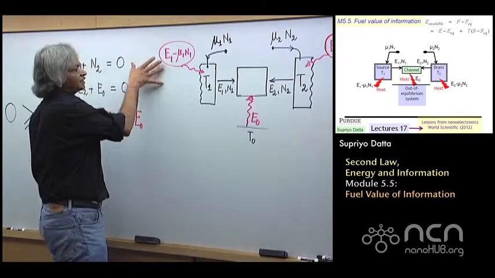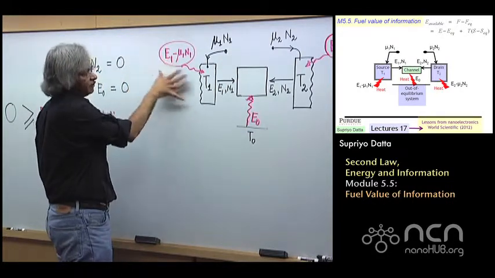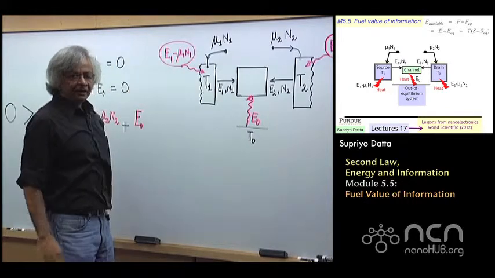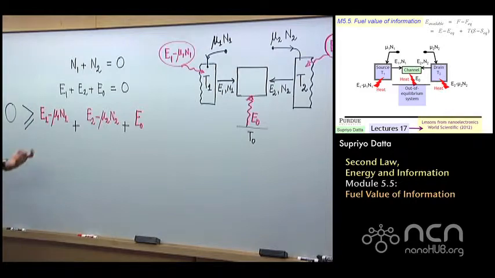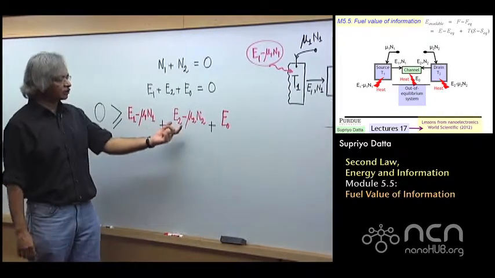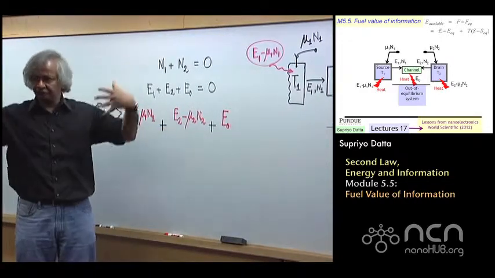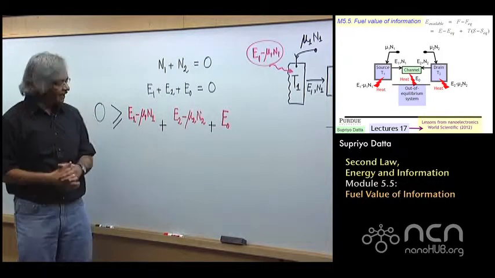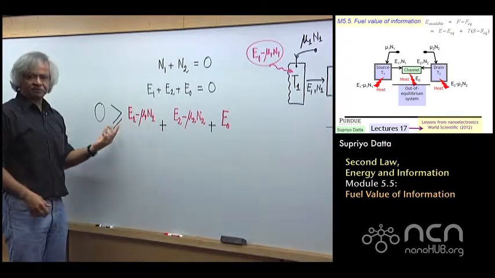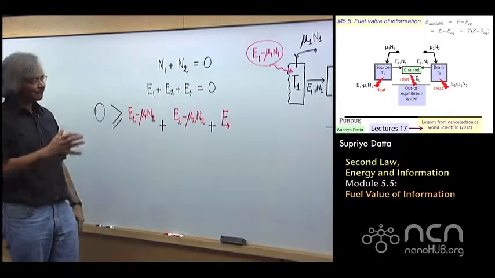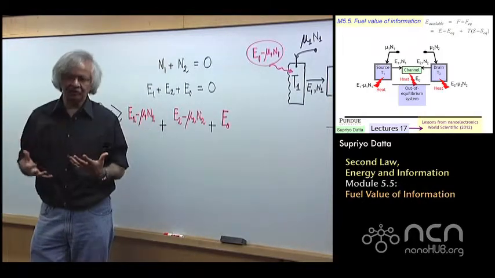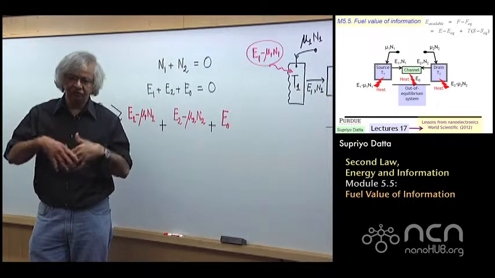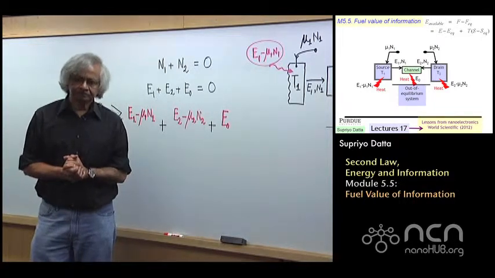And then there is the part that is heat that actually came in from the surroundings. And if everything were at the same temperature, then what the second law basically says is that this total amount of heat that you are taking in from the surroundings must be less than or equal to 0, which means that you cannot just take heat in from your surroundings and convert it into useful work.